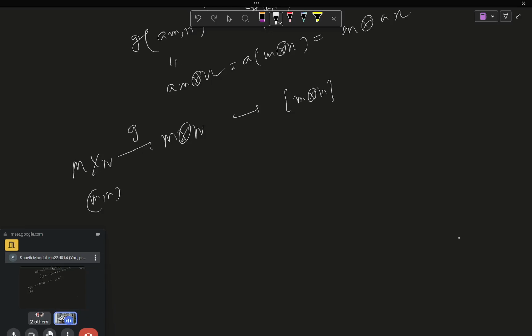And we have a bilinear map g such that (m, n) goes to m tensor n. Till now we have done this. Now go back to the properties again.